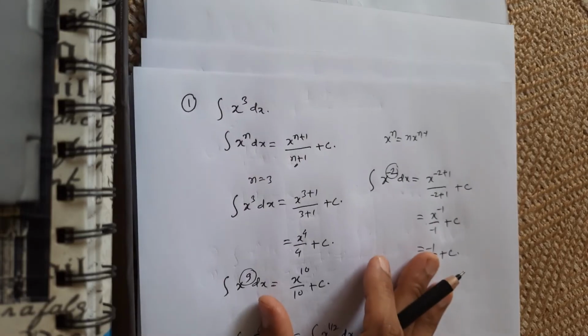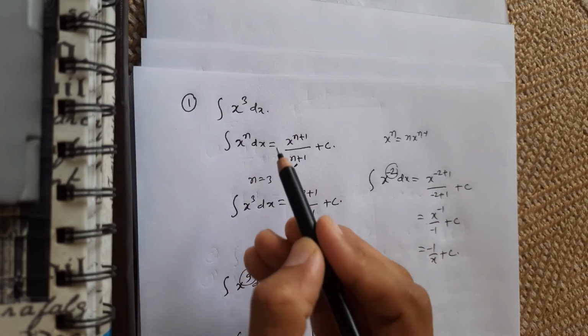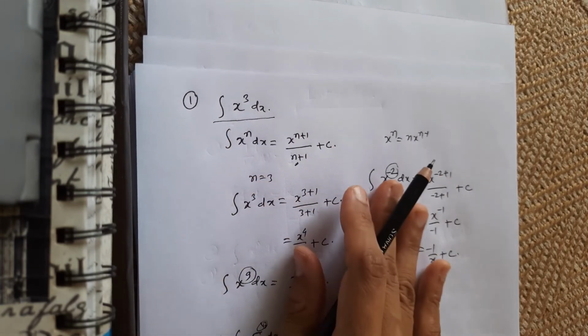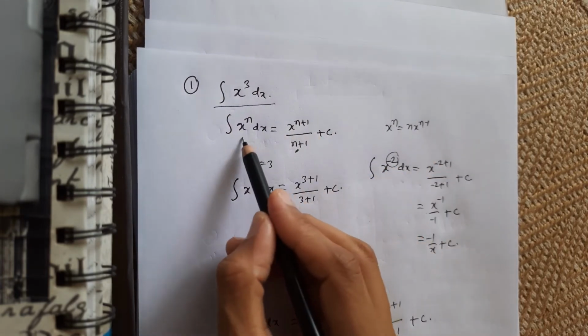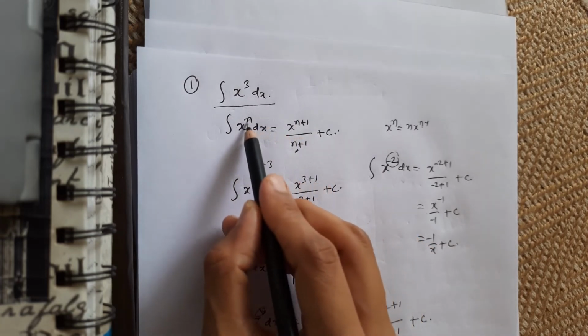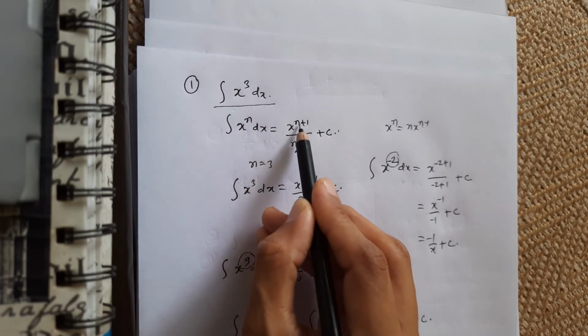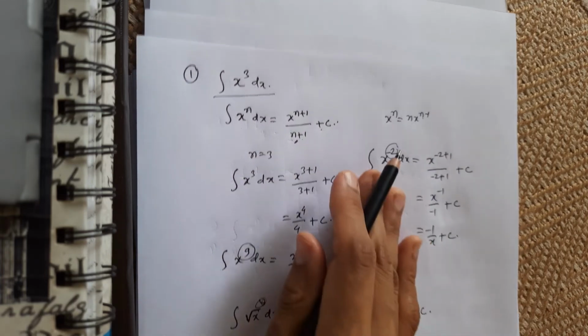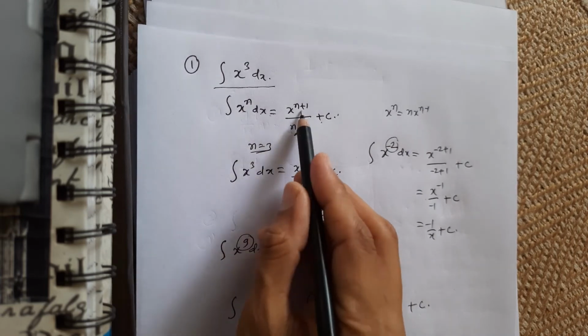The first example that I want to explain is integration x to the power 3 dx. Okay, so I am using this standard formula, integration x to the power n dx equals to x to the power n plus 1 upon n plus 1 plus c. Now just substitute n equals to 3 in this equation.